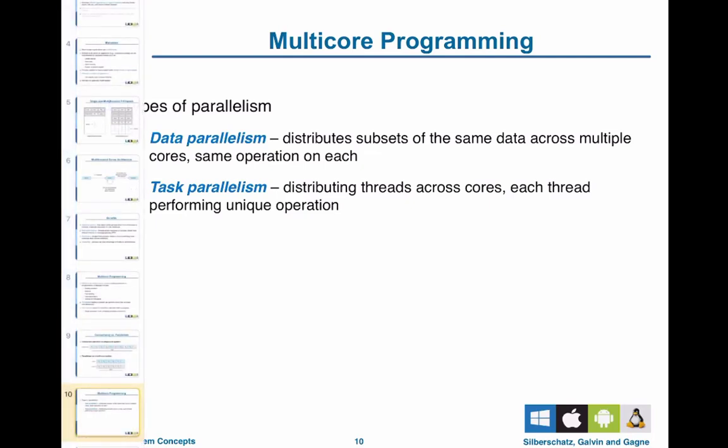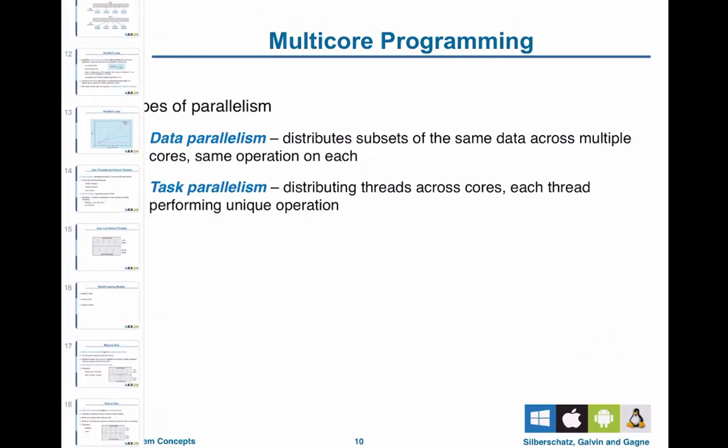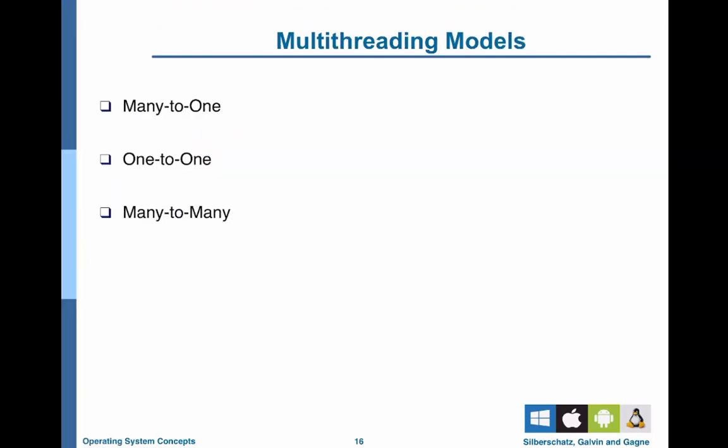So, multi-threading models. There are two kinds of threads, kernel threads and user threads. Operating systems use three types of models for the mapping from user threads to kernel threads.